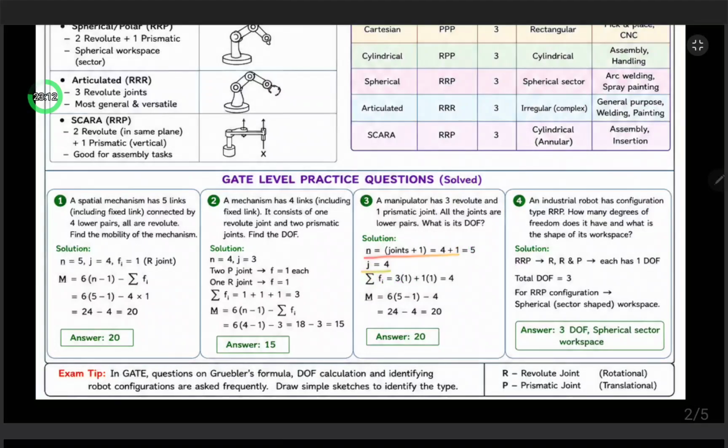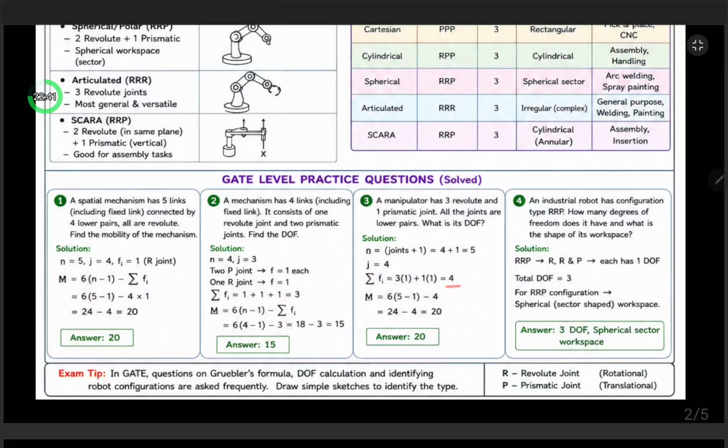Now j equal to 4. 3 revolute and 1 prismatic joint, so the total number of joints is 4 here. And we can see 3 revolute, 3 into 1, and 1 prismatic, 1 into 1.